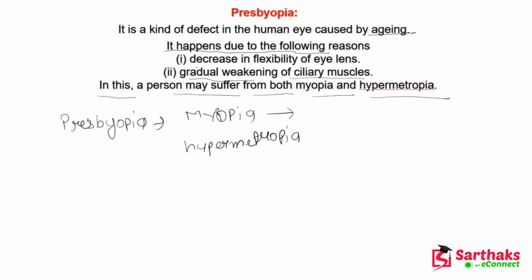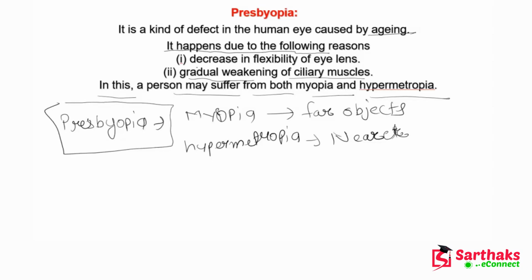It means he cannot see objects which are far from him, and he cannot also see the nearer objects. This type of vision defect is known as presbyopia.